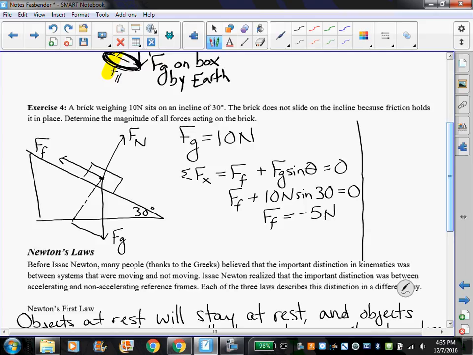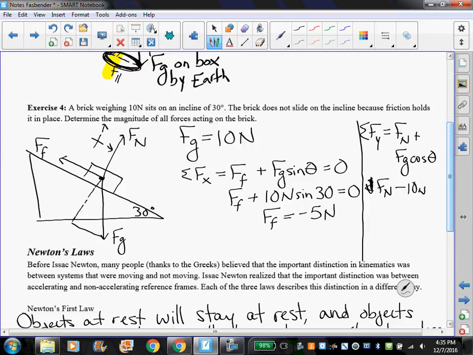To find the normal force, we can just sum the forces in the y direction. That is the normal force plus Fg cosine of theta. Since we've tilted these axes, positive is off of the ramp, so this Fg cosine of theta is in the negative direction.